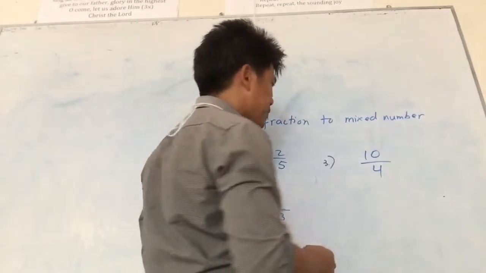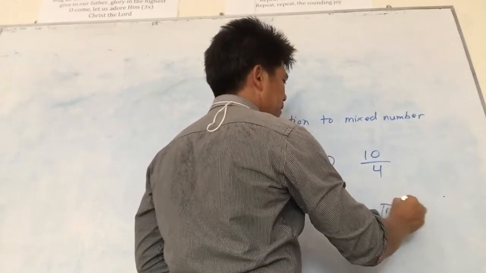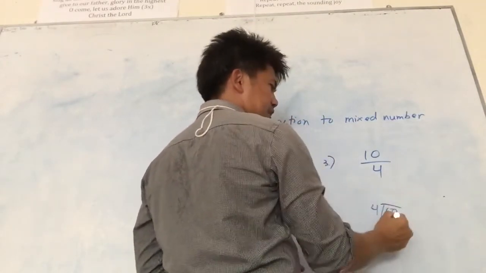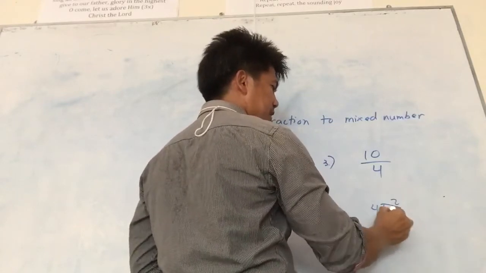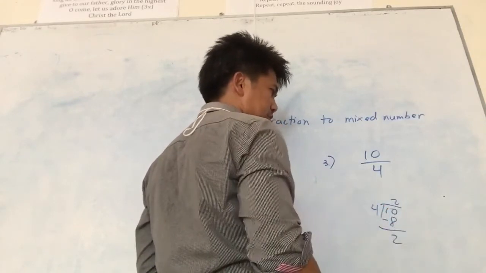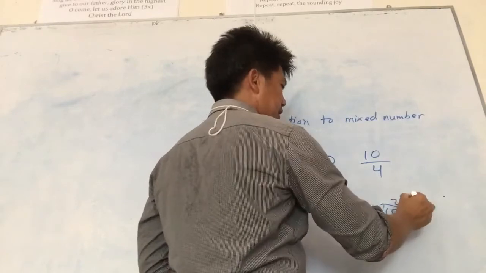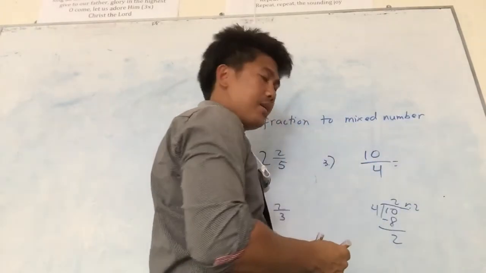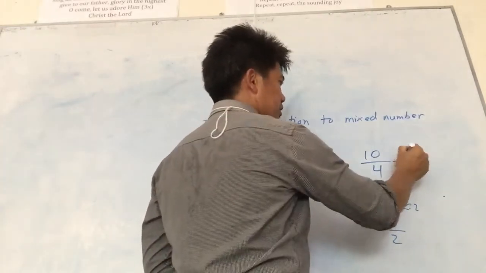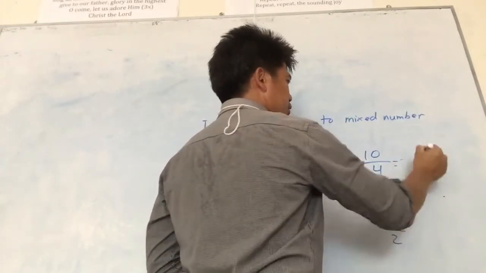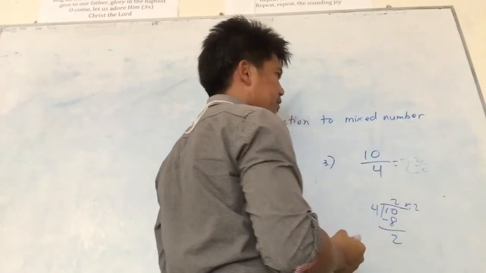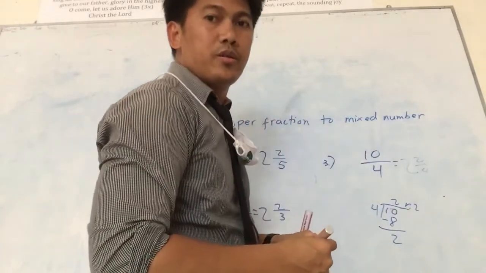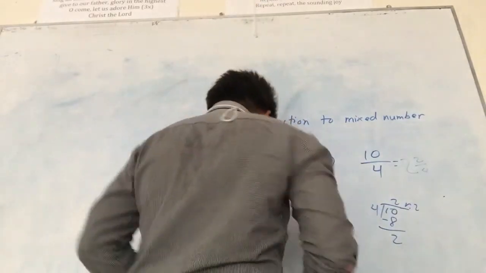So, do the steps. 10 divided by 4 is 2. 2 times 4 is 8. 10 minus 8 is 2, right? So this is remainder 2. So when you write it here, it becomes 2 and 2/4. Is it clear?